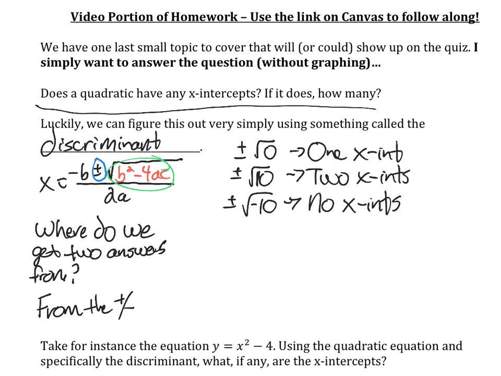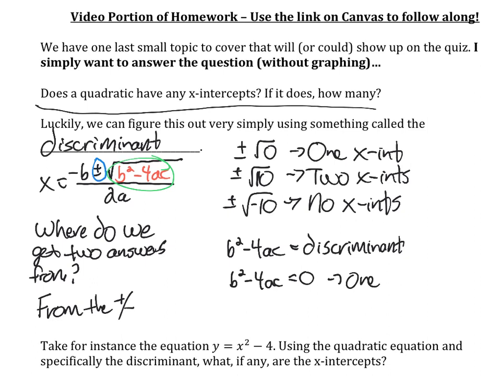So b squared minus 4ac is equal to the discriminant. It can tell us a lot about the number of x-intercepts we have. So for example, if b squared minus 4ac is equal to 0, what does that mean? It means we have one x-intercept.